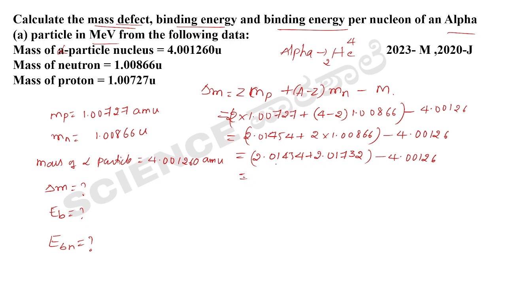Adding 2.01454 and 2.01732 gives 4.03186, minus 4.00126. If you do this, you will get around 0.03059 U. This is the value for the mass defect.